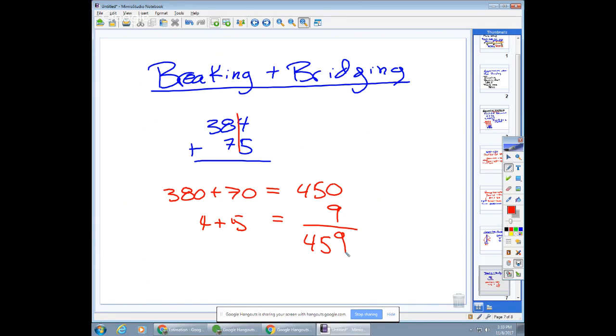Can you break in more than one spot? Totally. So we could break at every spot and say, okay, we've got 300, we've got an 80 and a 70, which is 150, and we have a 4 and a 5, which is 9.